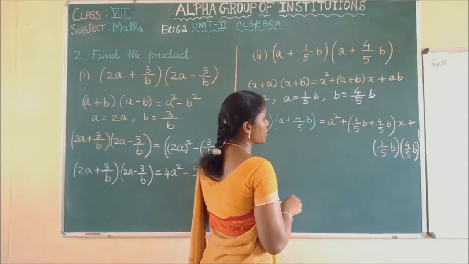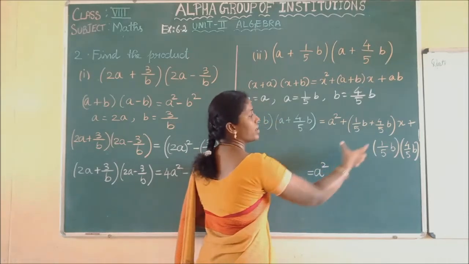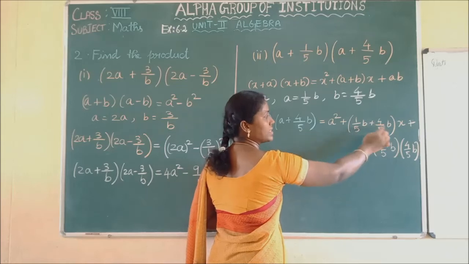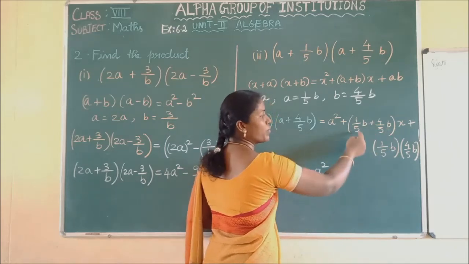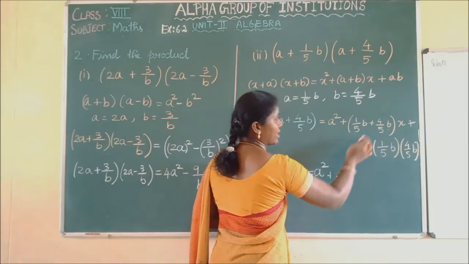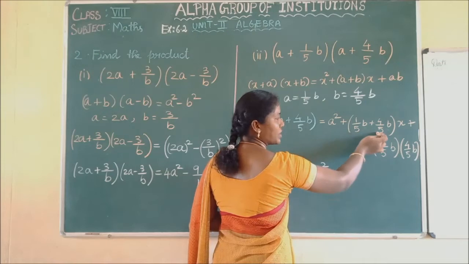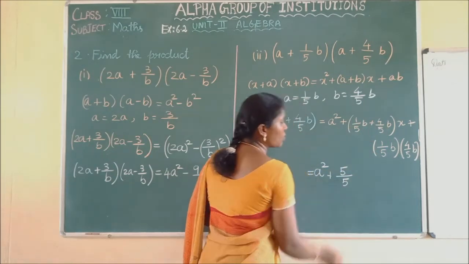Now find the solution for this. a square we can simply write as a square. Here we are having two terms with the same variable. Here we are having fractions, no problem, we are having the common denominator only, so we can add directly. Same variables, we have to add the coefficients. So 4 plus 1 is 5, the denominator also 5.